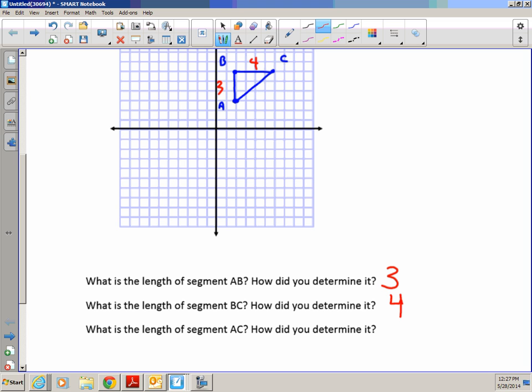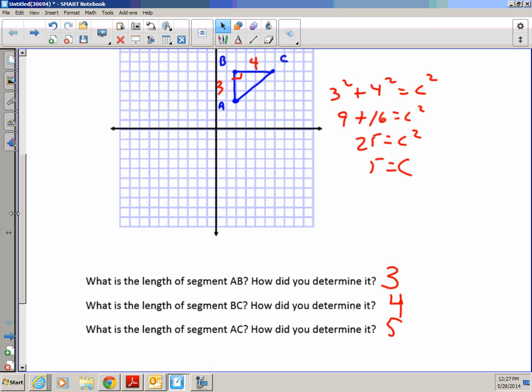Well, that's a little trickier because you can't count diagonal distance, but you should see that a vertical and a horizontal line form a right angle, forming a right triangle, and you can use the Pythagorean theorem to do 3 squared plus 4 squared equals c squared. And you should then see, because we've done a number of these, that we have a Pythagorean triple, so that c is 5.